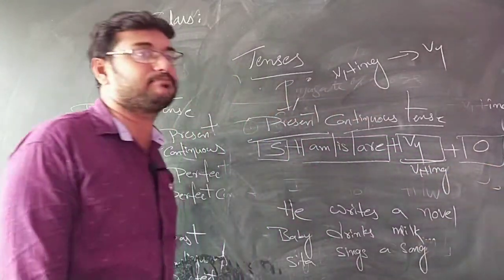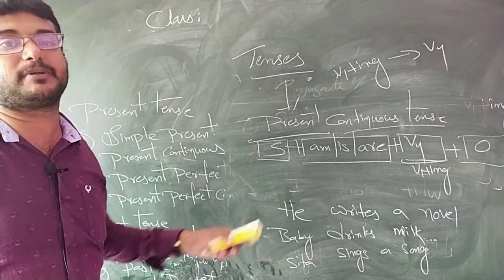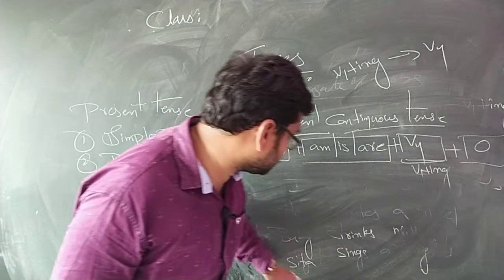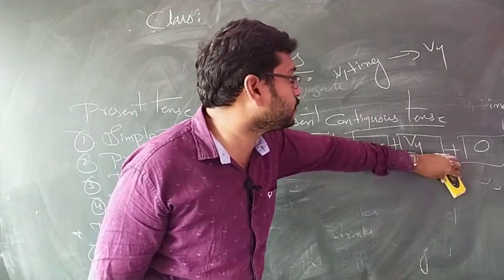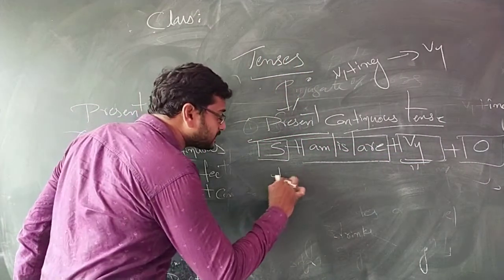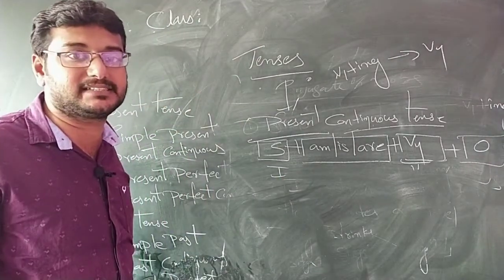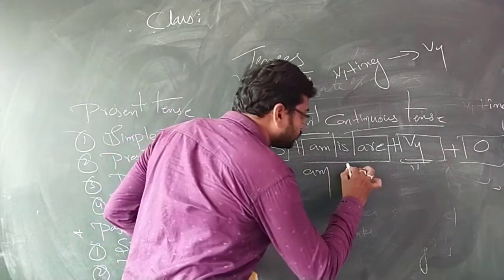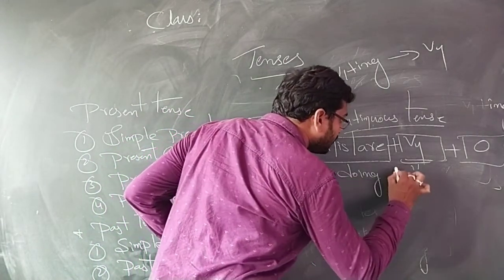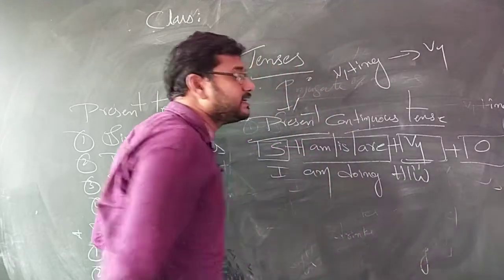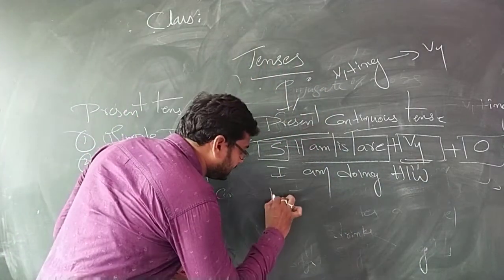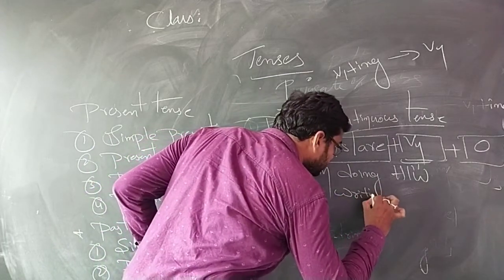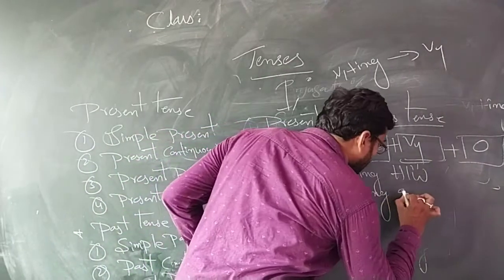Whatever examples we took before in simple present, let us change the same into present continuous tense. The first example is I do homework. How can we change it into present continuous tense? I do homework means I am, do plus ing, doing homework. I am doing homework. He is writing a novel.